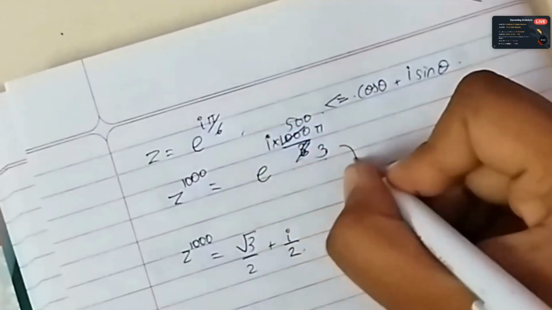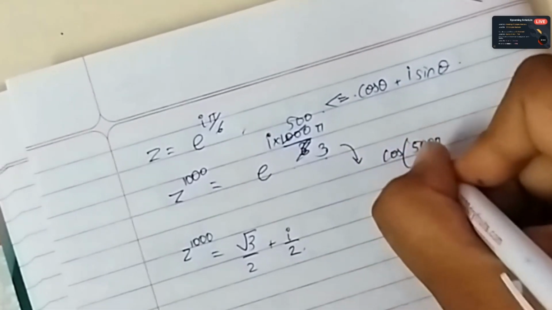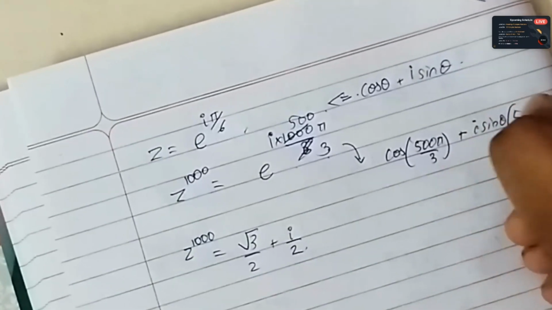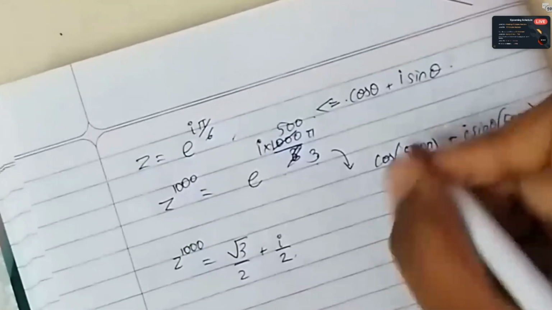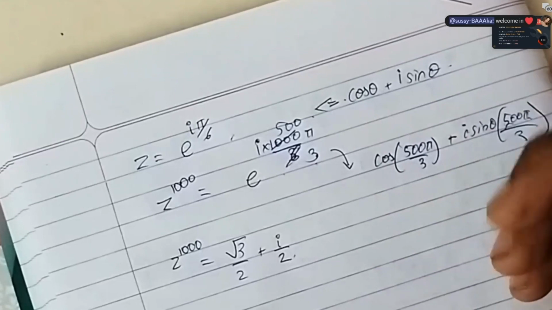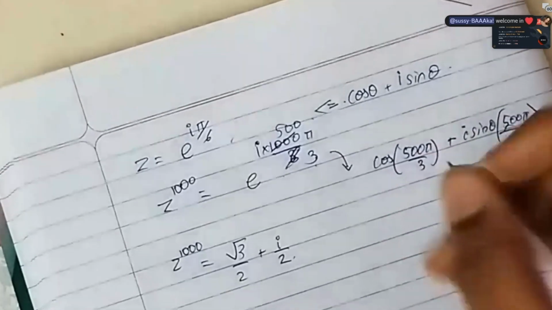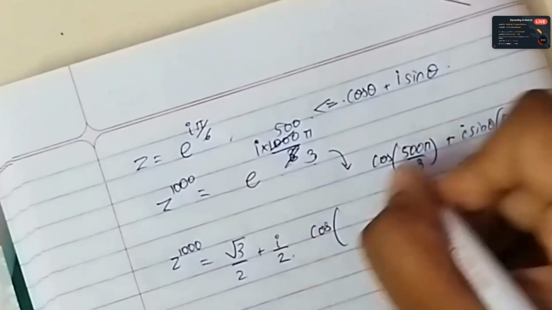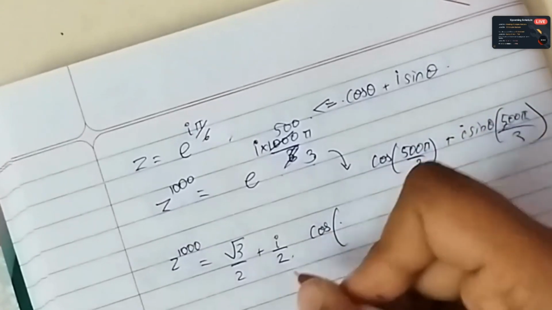Now if we convert it into cos 500 pi by 3 plus iota sine 500 pi by 3, it can be broken down. So it's basically now trigonometric identities and not about complex numbers, the question. If you know trigonometry, then you can divide out 2 pi as a different term.